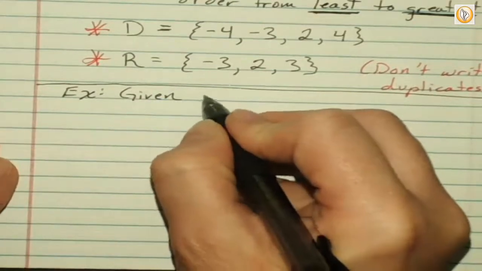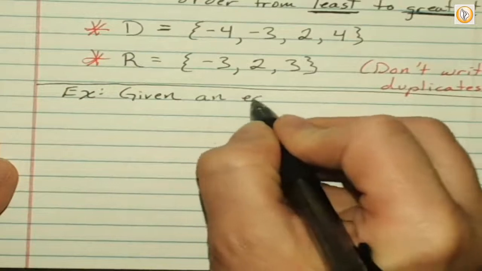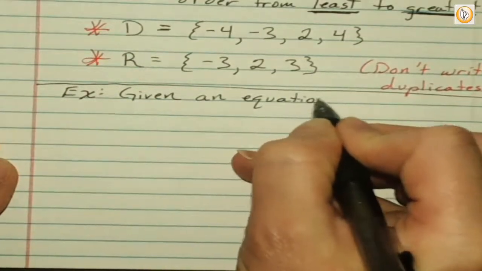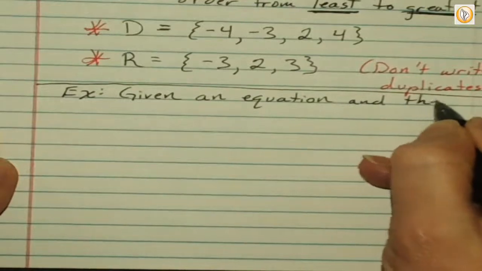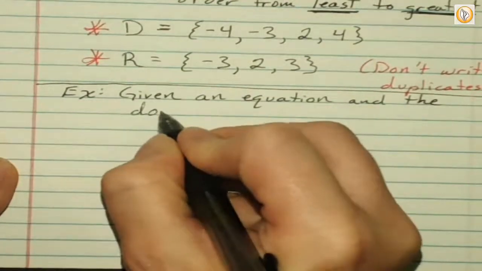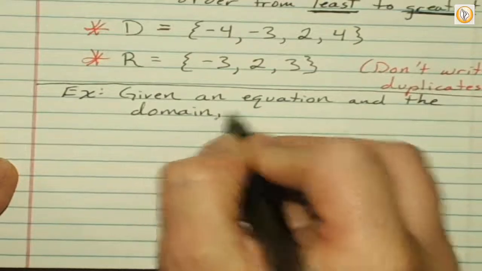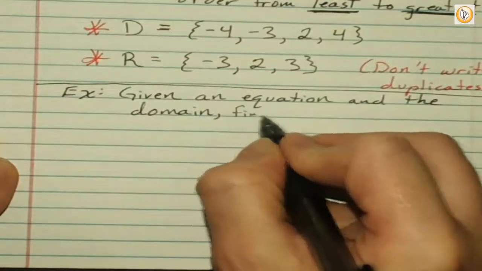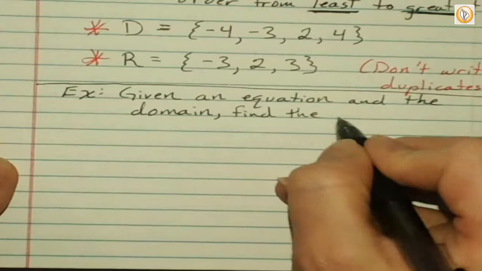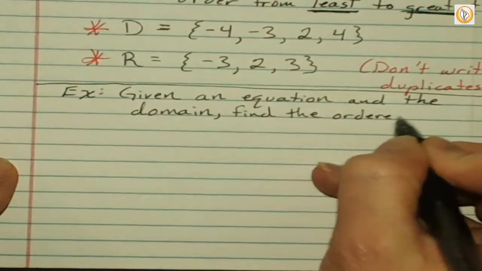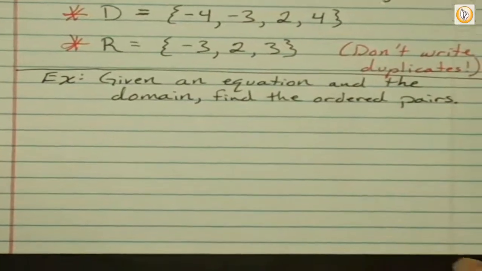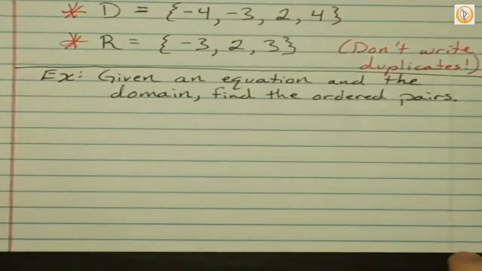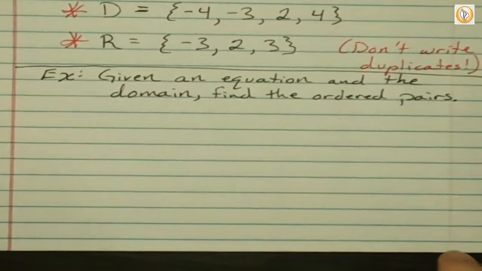Okay. Given an equation and the domain, find the ordered pairs. So you need to know basically what it's asking. Given an equation and the domain, find the ordered pairs.